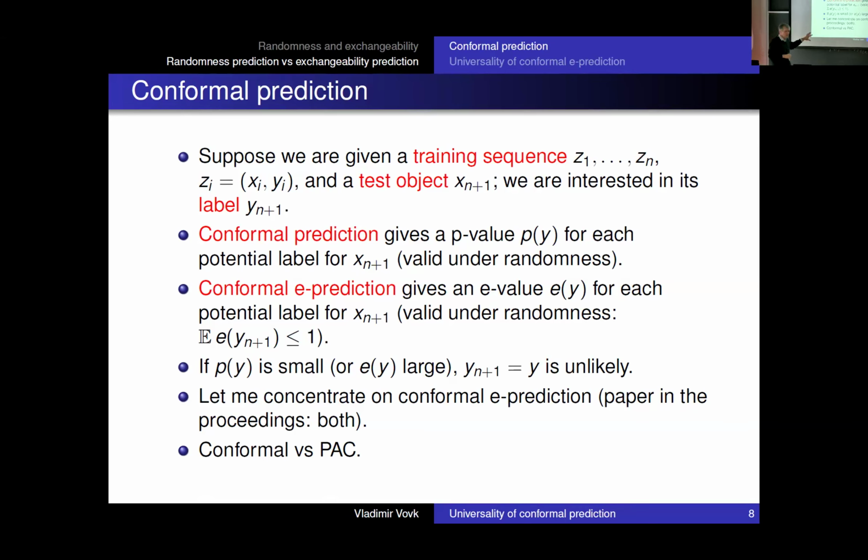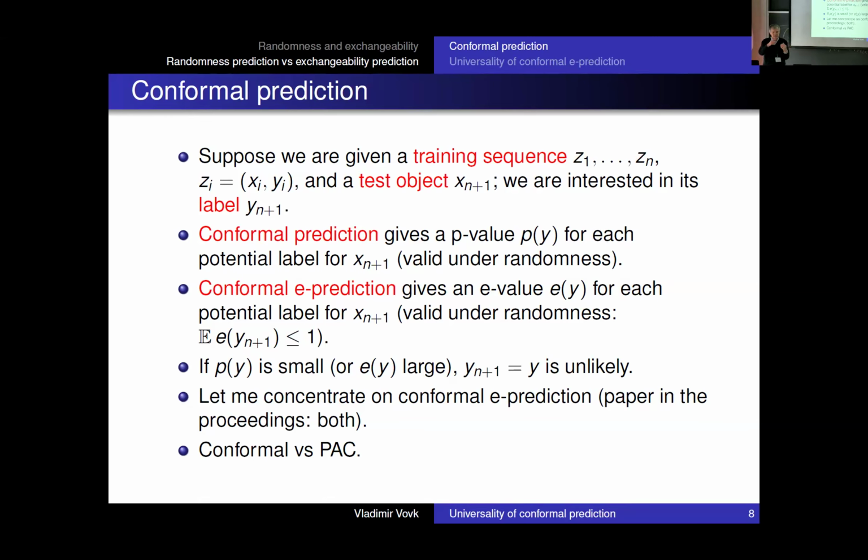Okay, so let me make a few remarks about conformal versus PAC. There were lots of talks using PAC theory. So why do we need conformal? One motivation behind conformal prediction is that PAC theory, in some respect, requires too much. It depends on two parameters, epsilon and delta. And if you express epsilon via delta, the dependence on delta is extremely pleasing.